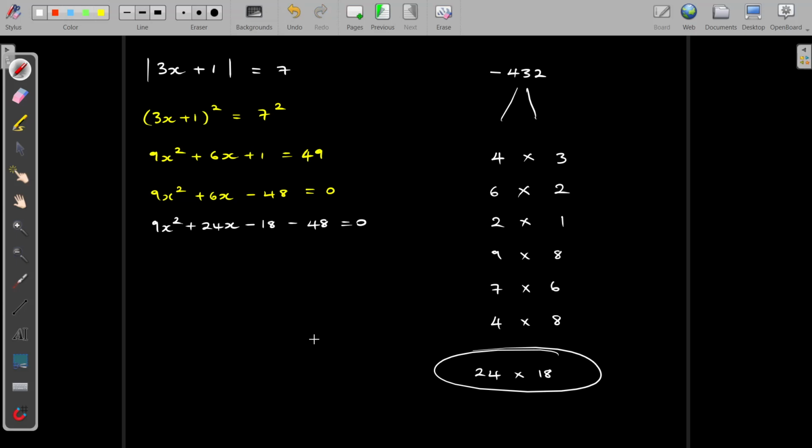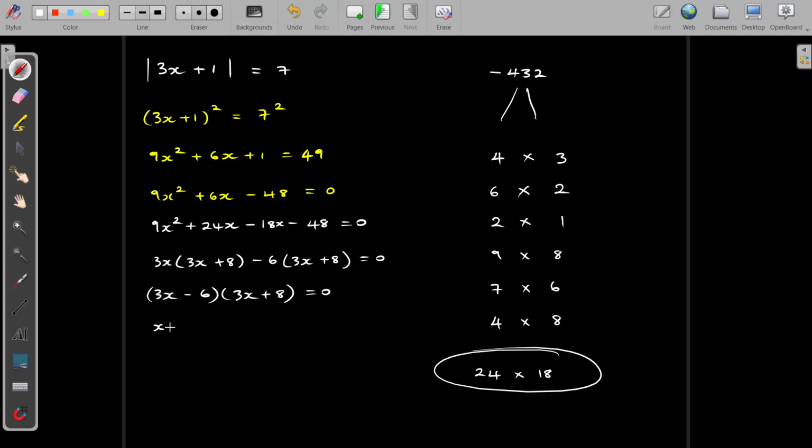Is equal to 0. So we can factor out 3x. So that's 3x plus 8. Factor out minus 6. So that leaves 3x plus 8. So 3x minus 6 and 3x plus 8.